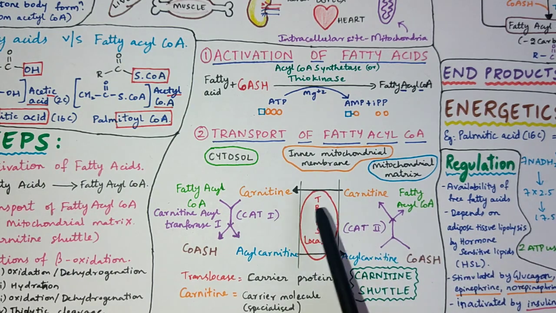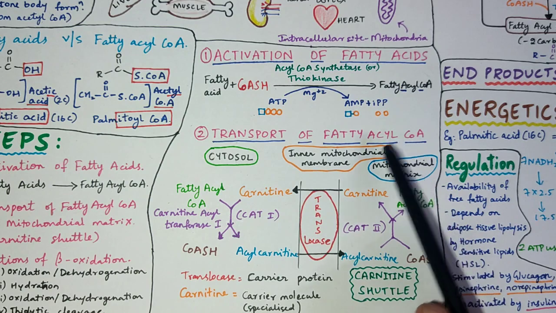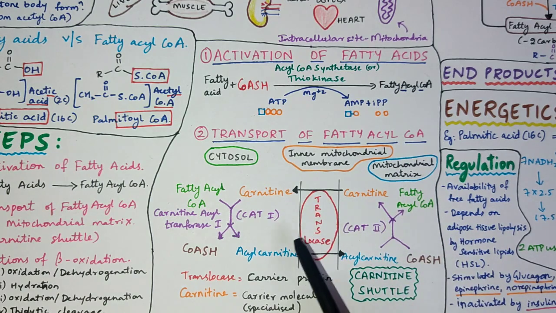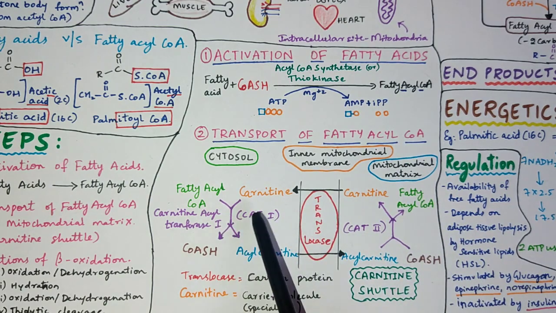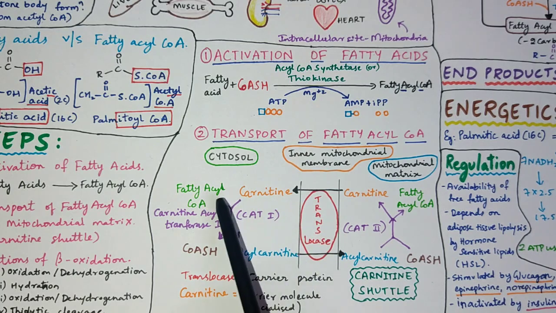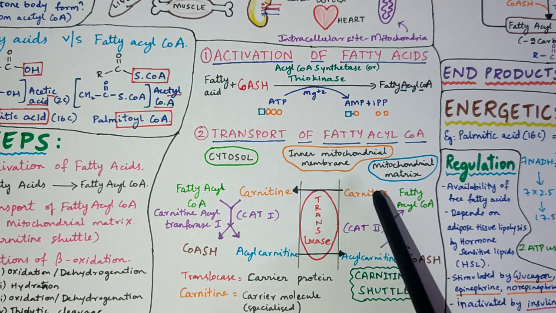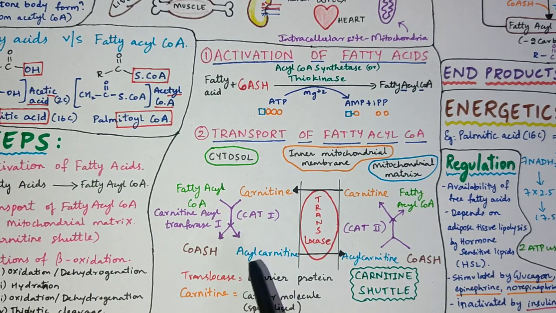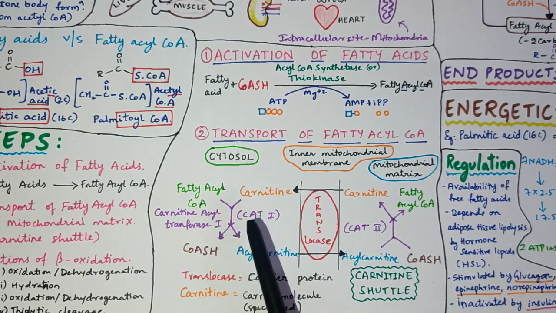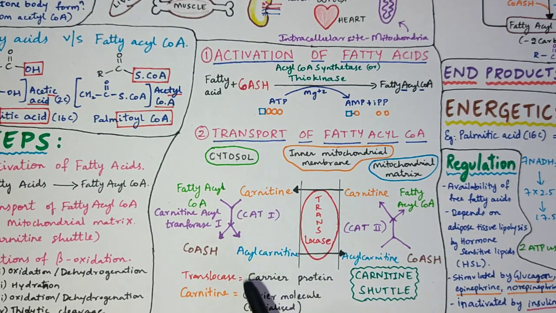You can imagine mitochondria as a school and cytosol as home. Now the protective father is helping fatty acyl CoA reach the school and leaves the kid in the school, and this father gets back home. Clear? So how does this happen near the mitochondrial membrane?